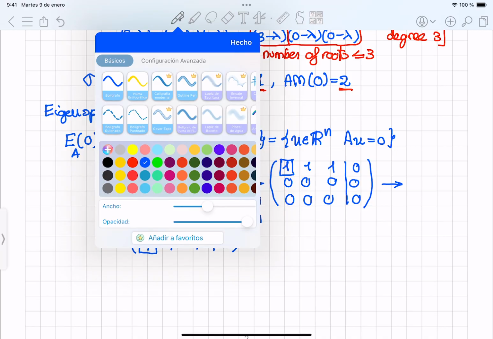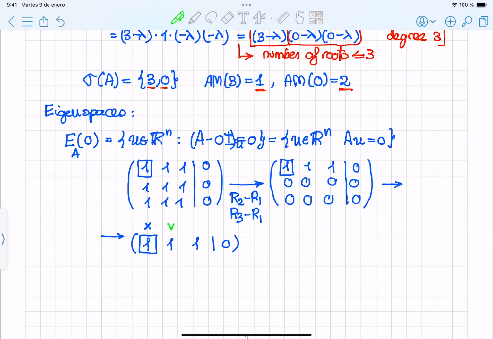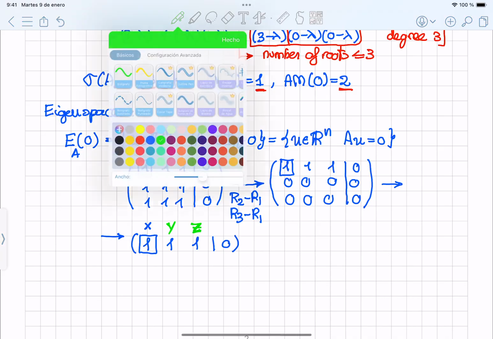And I'm going to write the y and the zeta in green, because these two variables with no pivots are going to be called free. And don't ask why, but I think in green when I think in freedom. So the green ones are the free variables, and the blue one is the pivot variable.